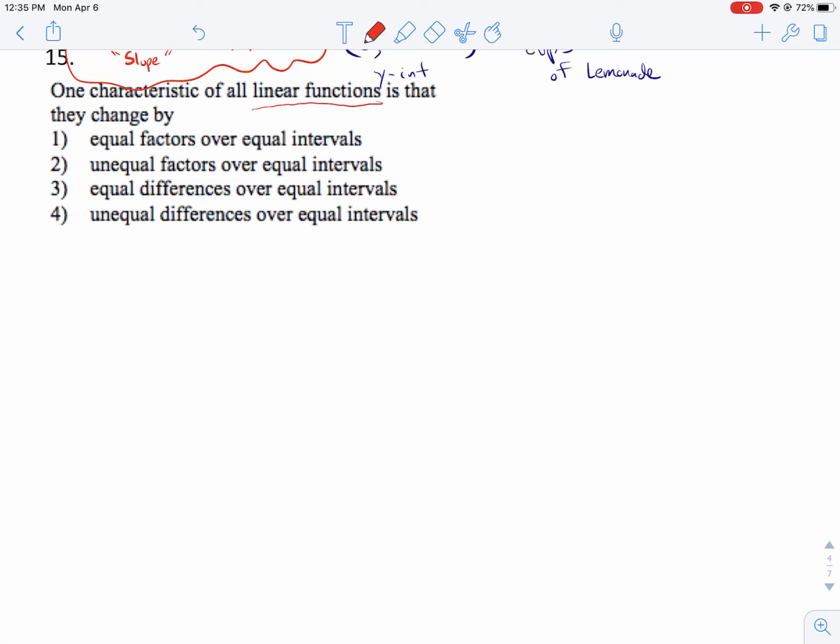One characteristic of all linear functions is that they change by equal factors over equal intervals, unequal factors over equal intervals, equal differences over equal intervals, or unequal differences over equal intervals. Okay, that's quite the mouthful. So let's take a look at which one of these makes the most sense.